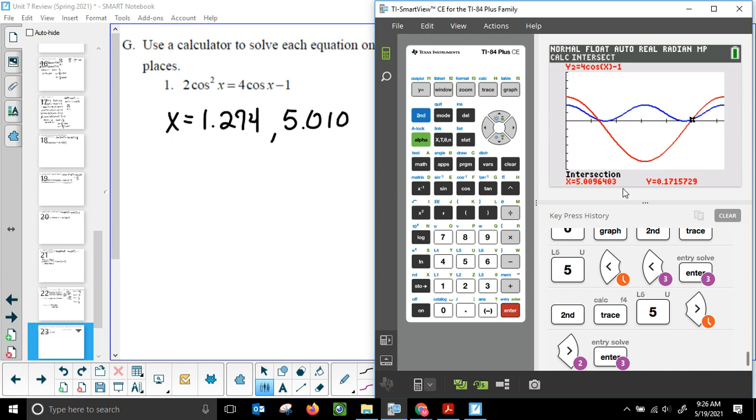I've seen people round stuff like this in really, really crazy ways. All right? This 9 is essentially rounding up to a 10. So this becomes a 1, this becomes a 0. It's not that difficult, right? But for some reason, a significant chunk of you have no idea how to round, which is very, very distressing in honors pre-calculus. Right? I could understand that in like algebra 1, but not honors pre-calculus.